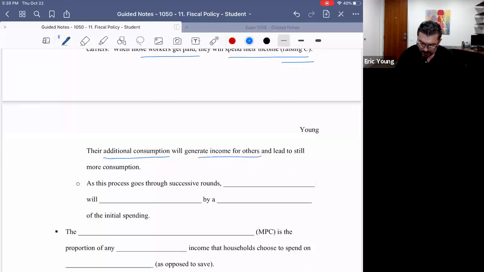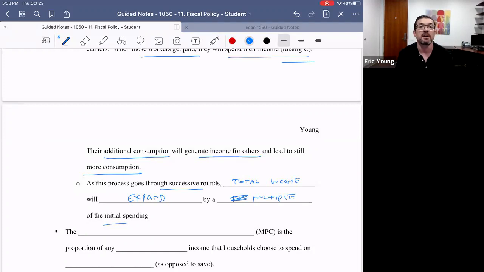And then those others go out and spend their money, and that becomes income for someone else. As this process goes through successive rounds, what we're going to find is that the overall total income will expand by a multiple of the initial spending.